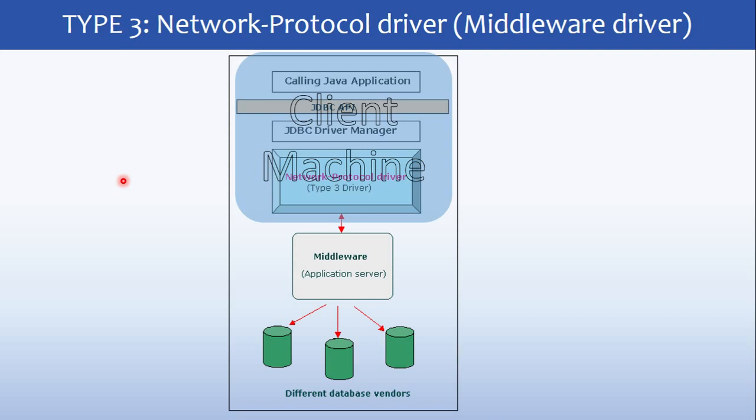All these components should be on your client machine, and the middleware is another machine which acts as the middleware between the client machine and your database server. This forms a second machine, and finally we have the different databases, from different vendors, like we have seen: Microsoft SQL Server, Oracle, and MySQL.